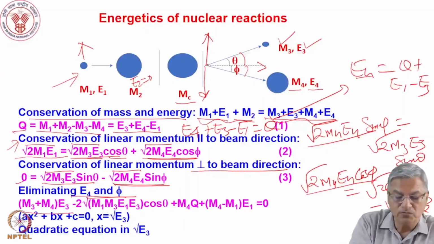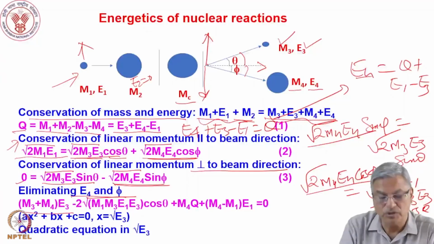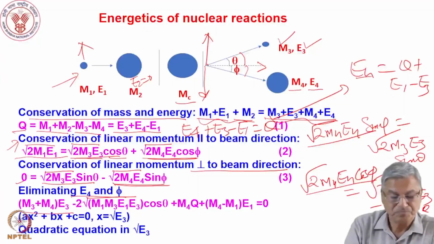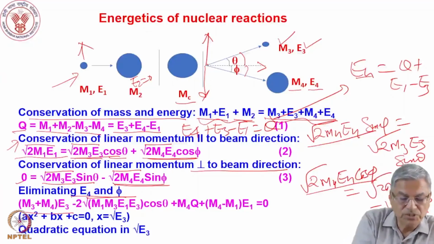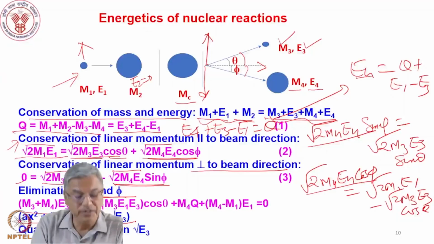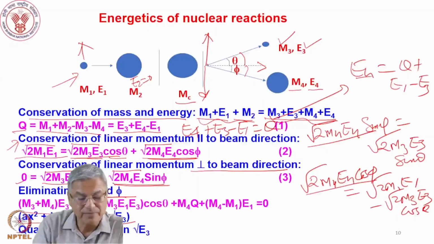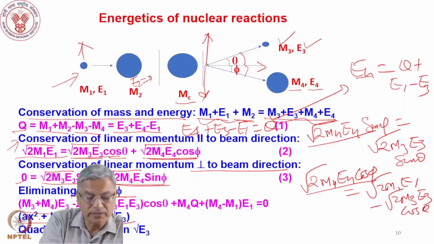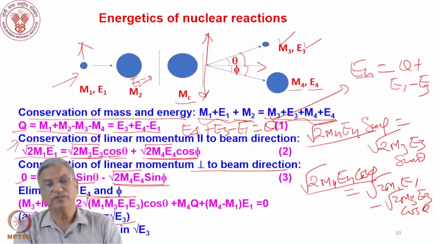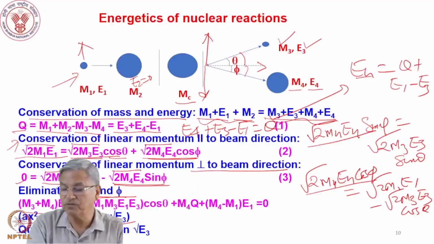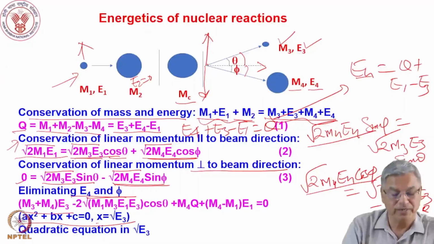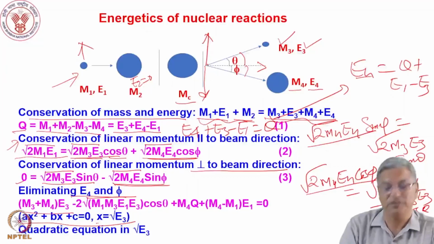So all you will be left with terms corresponding to e1, e3, m1, m2, m3, m4 and theta. So this equation, if you see here, it is a quadratic equation in the square root of E, energy of the ejectile. And so ax square plus bx plus c equal to 0, where x equal to root of e3, and the solution of this will be the familiar equation. You can write a solution, root of a quadratic equation, in terms of a, b, c.